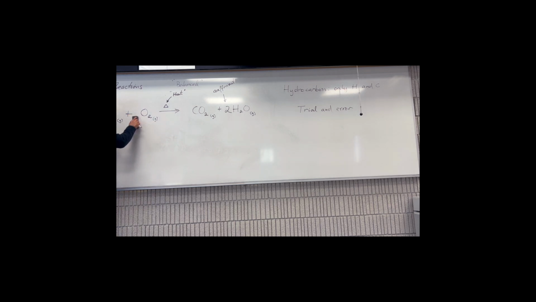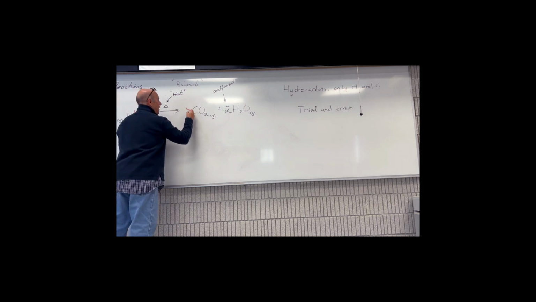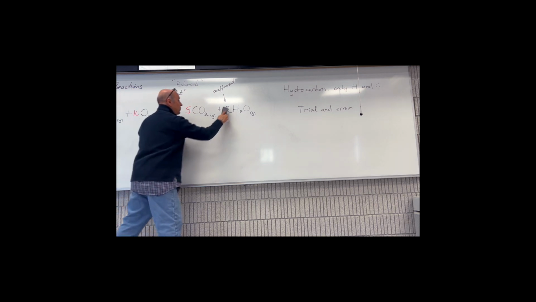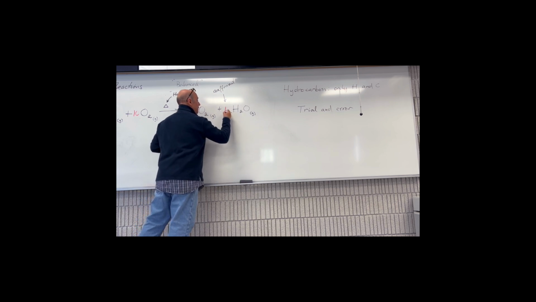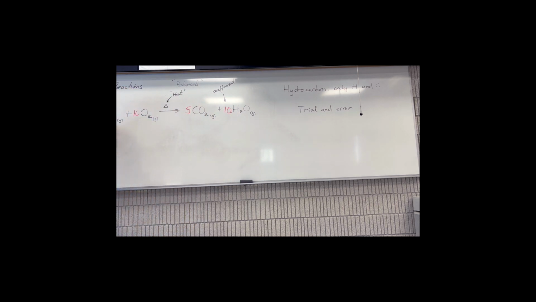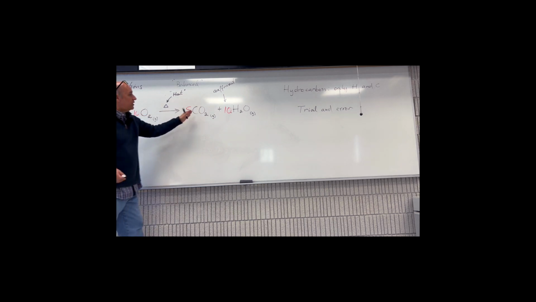So 5 times 2 is 10. 5 times 1 is 5. 5 times 2 is 10. And if we add everything again, it's still going to be balanced because we did not alter the proportions. If I make this 50, then this is 100, that's 50, that's 100.